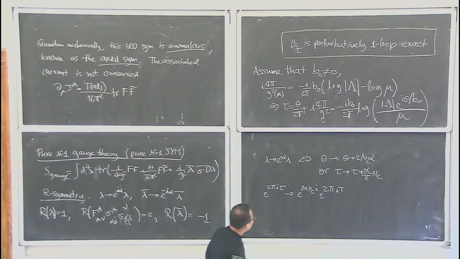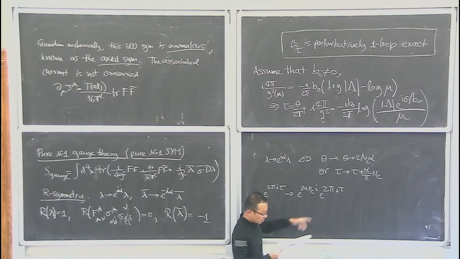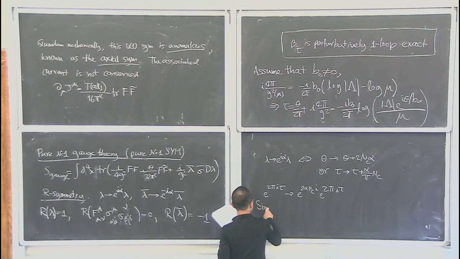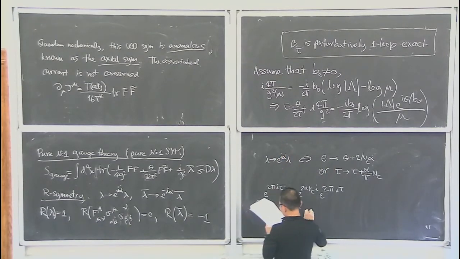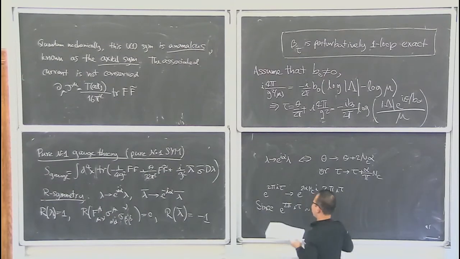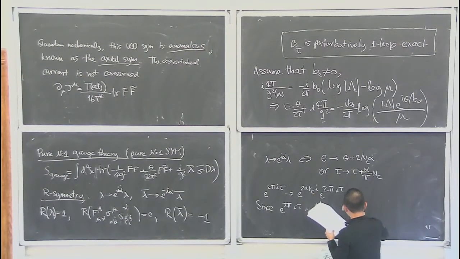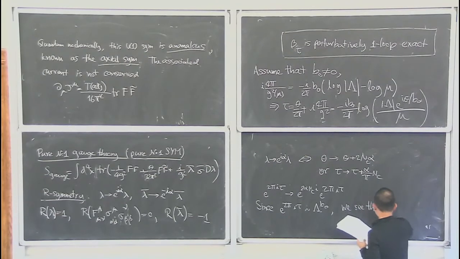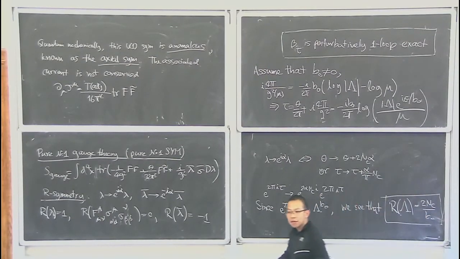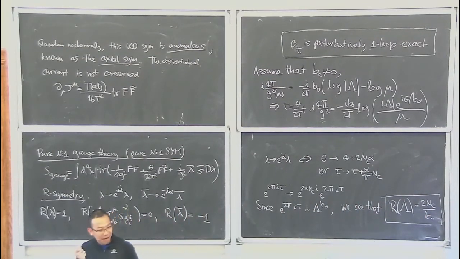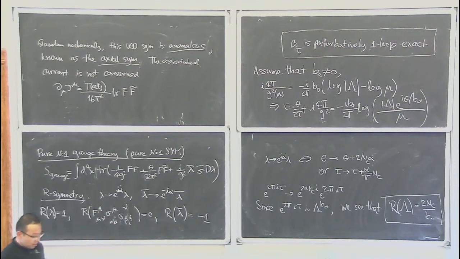But remember, this e^(2 pi i tau) is proportional to lambda^(b0). We see that you can assign the R charge to lambda also, to be 2 N_c over b0. So you had better think of it as a background field.